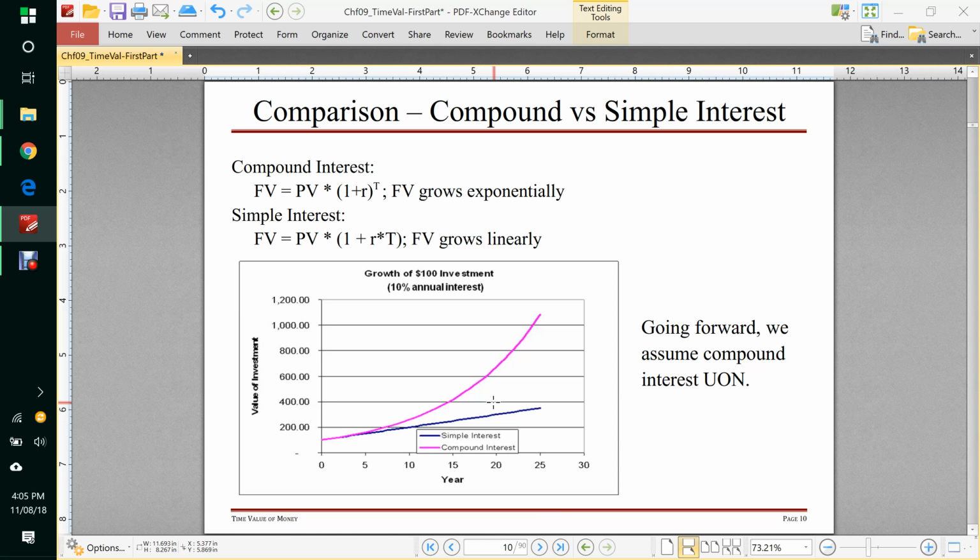One of the reasons that I'm going to skip it is because compound interest is much more common than simple interest, and going forward we are going to assume compound interest unless we have some special reason not to.